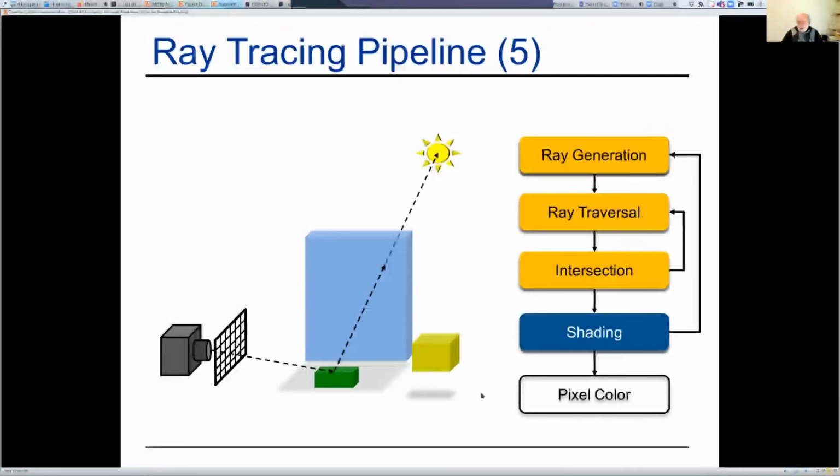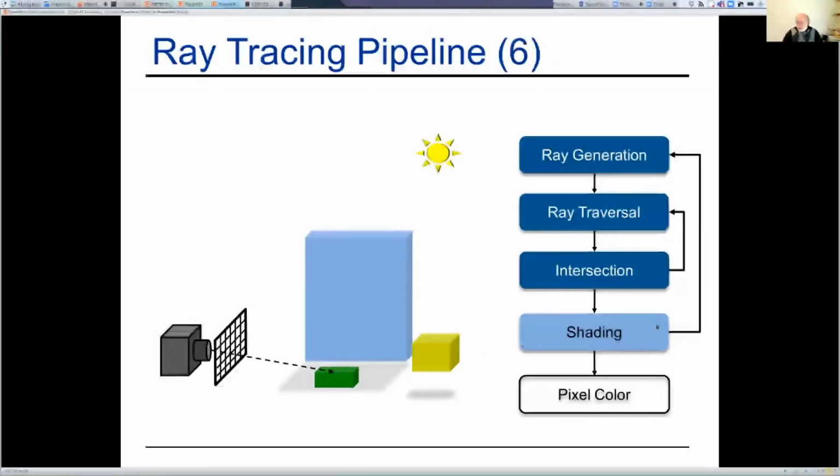Let's assume there is no intersection, right? And so actually the light from the light source does reach this point. So we're back to this shading computation. So we can now compute how much light reaches this point here, and we can compute how much of that light makes it back towards the camera.